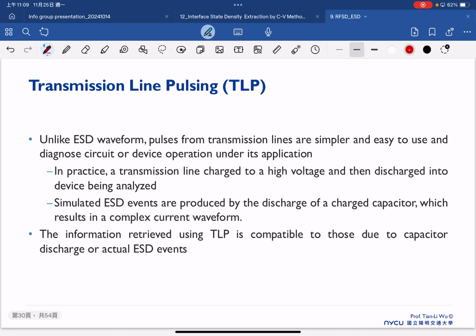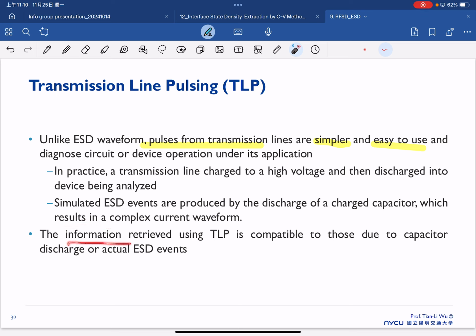Unlike an ESD waveform, the pulse from a transmission line is simple and easy to use to diagnose the circuit or device operation. In practice, the transmission line is charged to high voltage and then discharged into the device being analyzed. Simulated ESD events are provided by discharge of the charging capacitance, which results in a very complicated waveform.